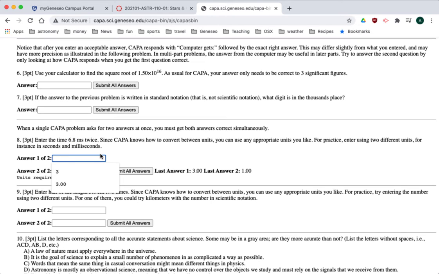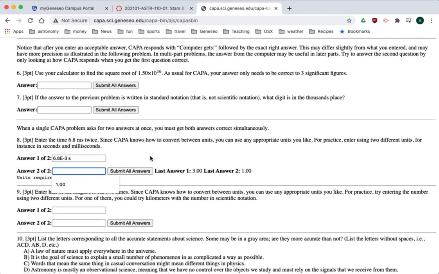I'll put in the right answer, 6.8. I know a milli is 10 to the minus 3, so I can just put in 6.8 e minus 3 seconds. And I know that the unit of seconds is just an s. So e negative 3 says it's 6.8 times 10 to the negative 3. And you need a space between the number and the unit. The unit tells it the number is seconds.